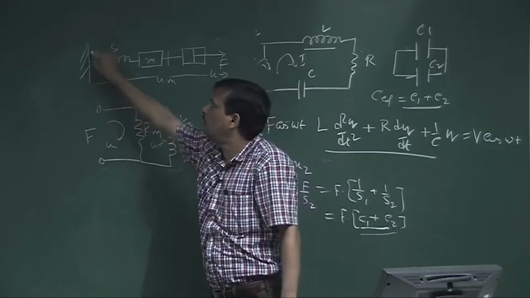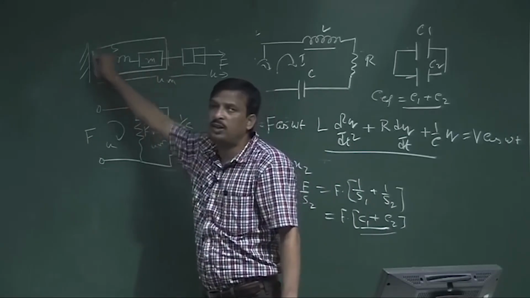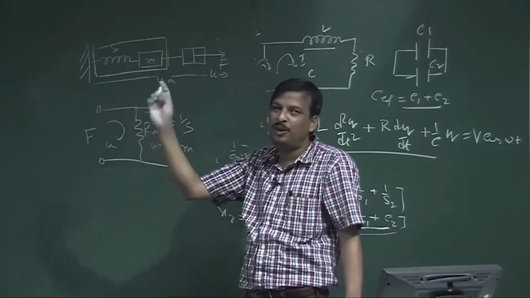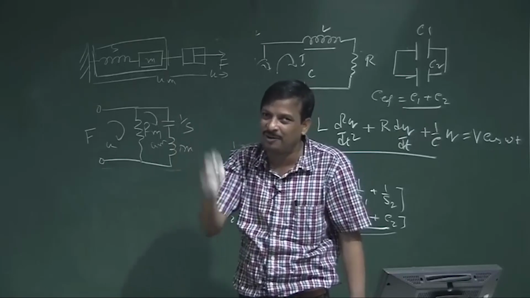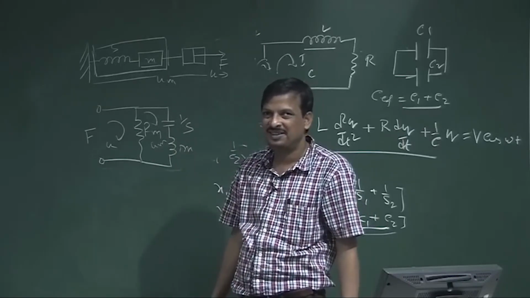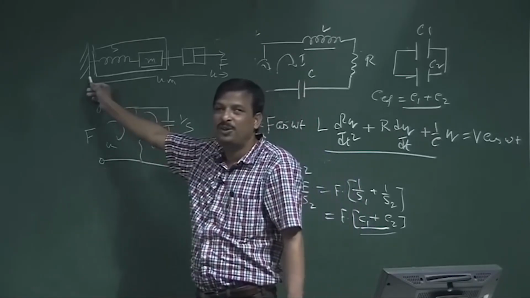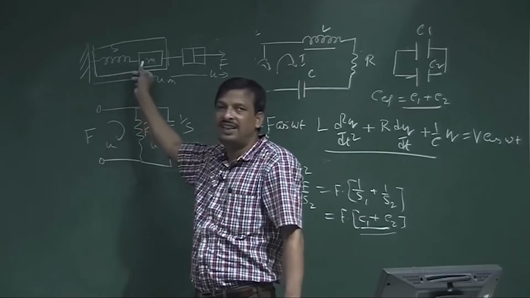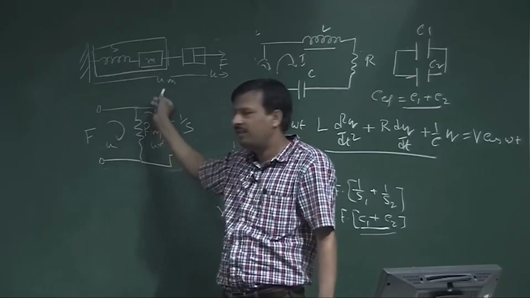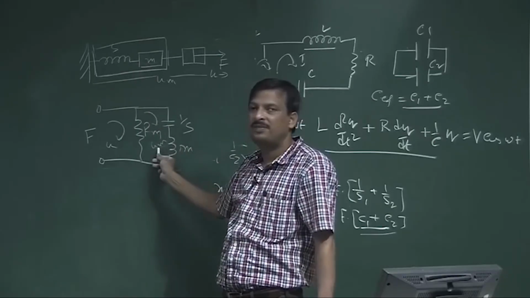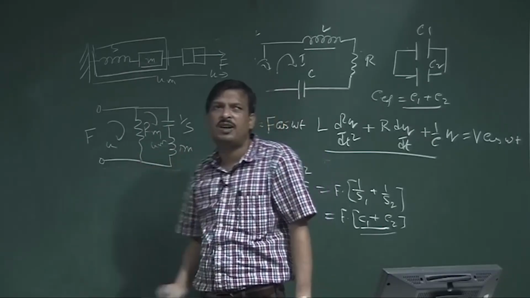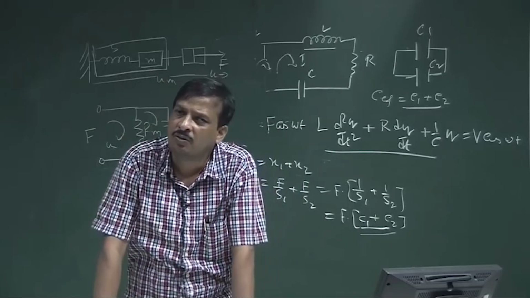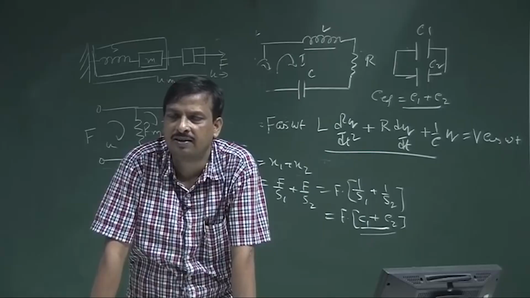So, these two are combined together. Earlier we said the mass is different because the mass is not supported by the ground. This side it is 0 because this is grounded. So, this total circuit is exposed to the current, and this is U. So, this way you can solve any mechanical circuit to its equivalent electrical circuit.